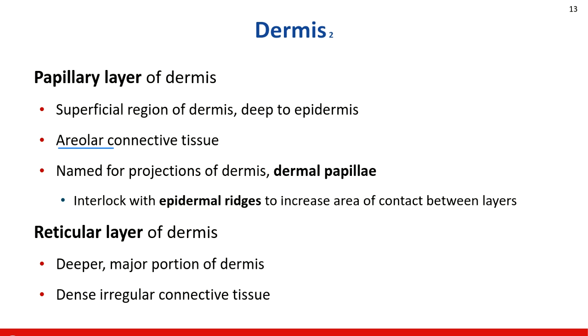So I want you to keep in mind, areolar connective tissue is a loose connective tissue, and when we have a loose connective tissue, that means we have space for blood vessels. And that's what we're going to see. We're going to see lots of blood vessels in this area, all right?